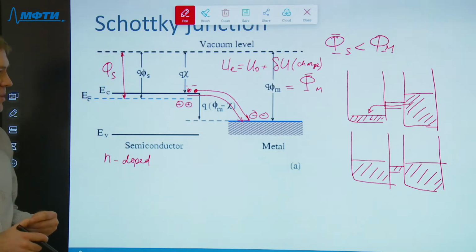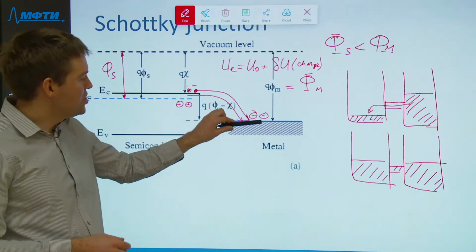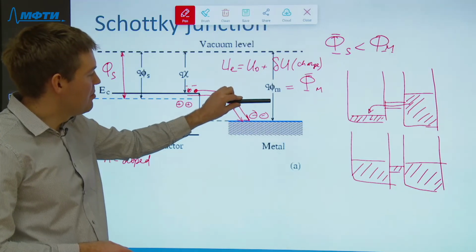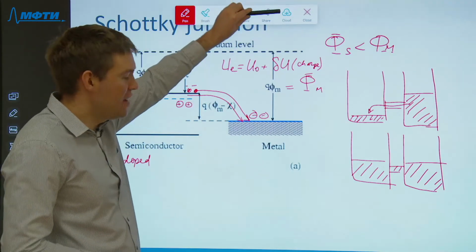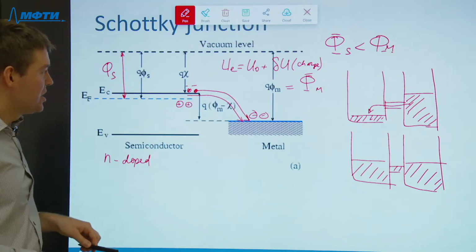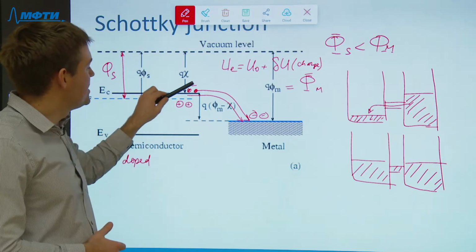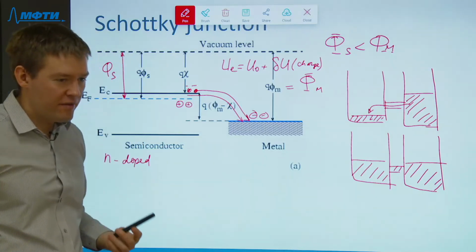In the end, this Coulomb energy would raise the Fermi level in metal and the conduction band bottom in the metal and the vacuum level near the metal, such that this redistribution would finally become unfavorable.